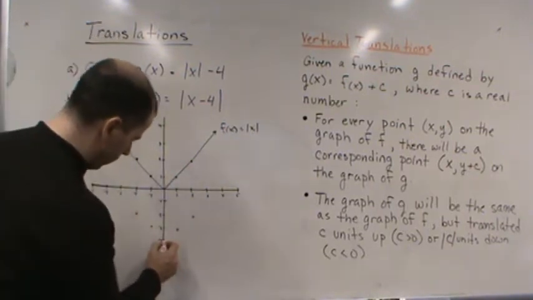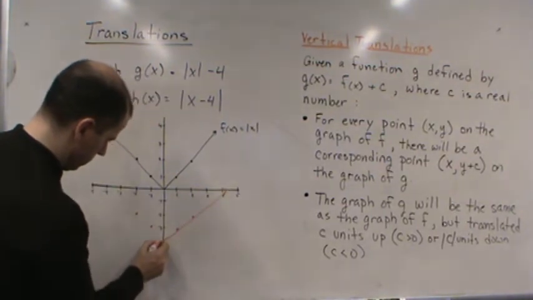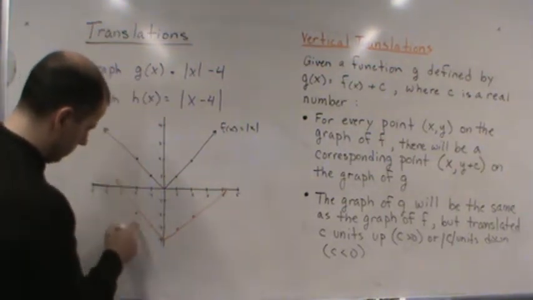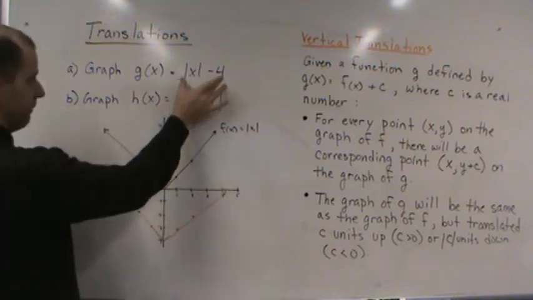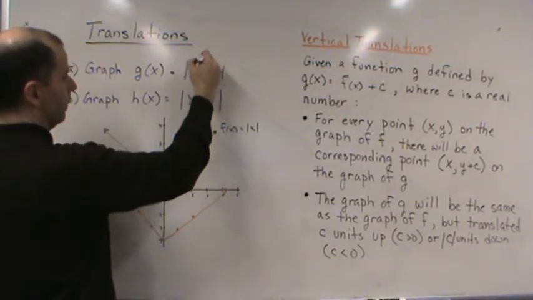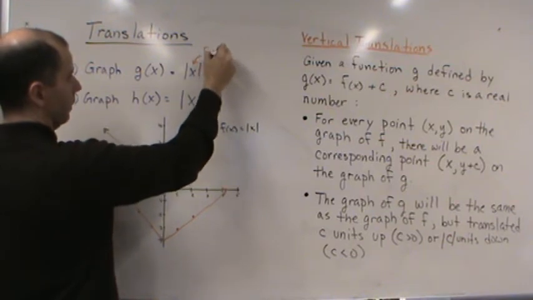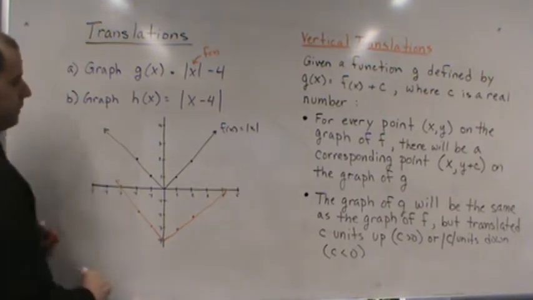And what I would get is something that looks like that. So what I did was, in effect, take f of x and move it down 4 units.